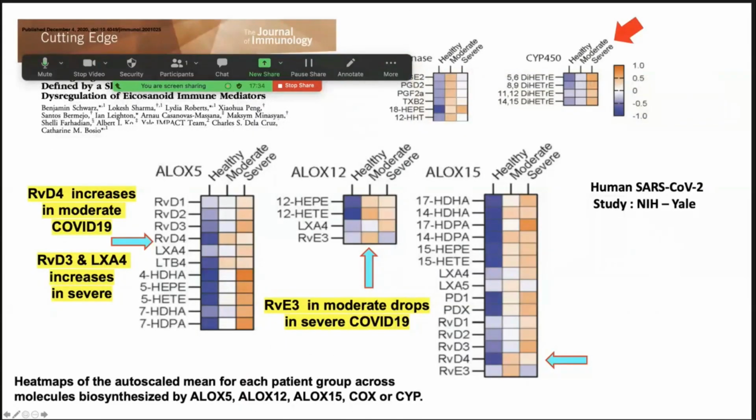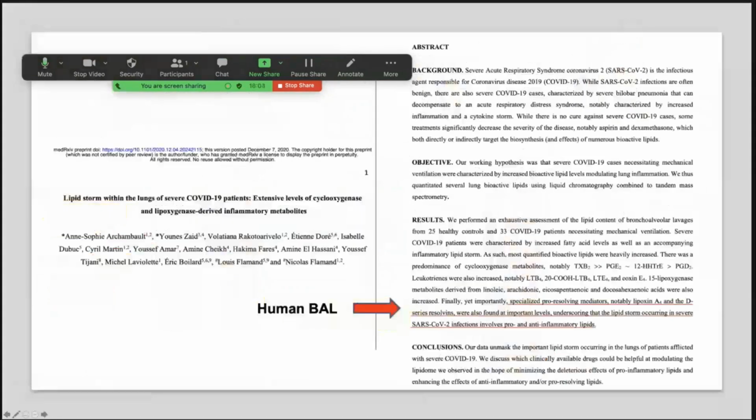In their dot plot from their paper, their heat maps show that resolvin D4 increases in the moderate COVID-19 and resolvin E3 from EPA in moderate drops during severity. So there are dynamic changes in the lipid mediators and most importantly, an increase in the pro-resolving mediators in moderate and a dramatic increase in the leukotrienes in the severe.